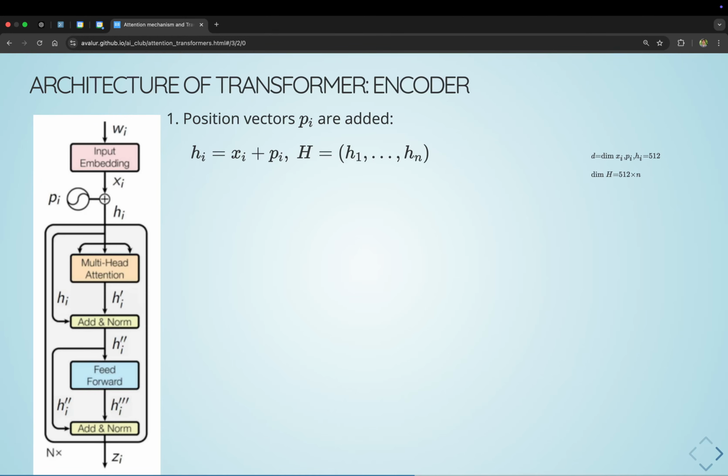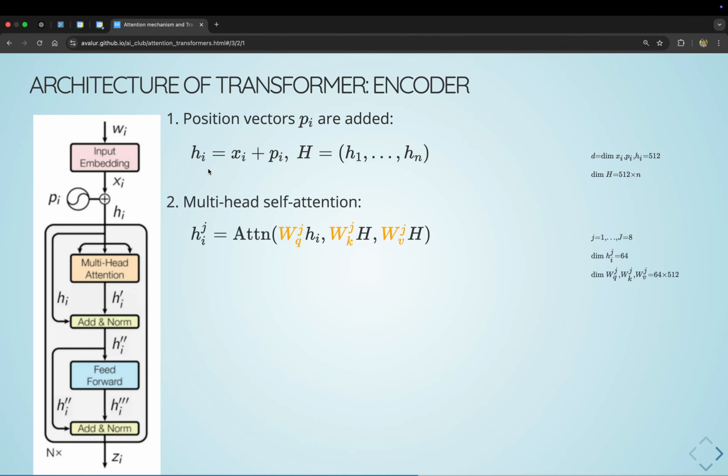There is no order inside attention. And we want to put the index of each word into the input of the multi-head attention block here, and that's why we add positional encodings to our original input encodings in the model, and the result is vectors hi.